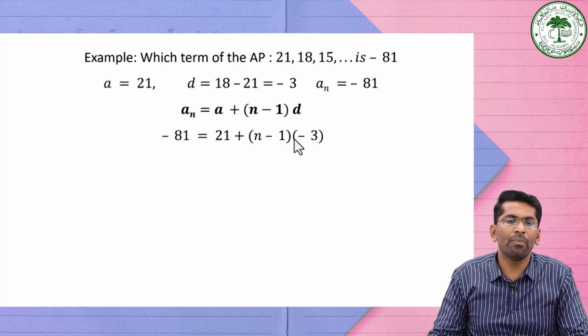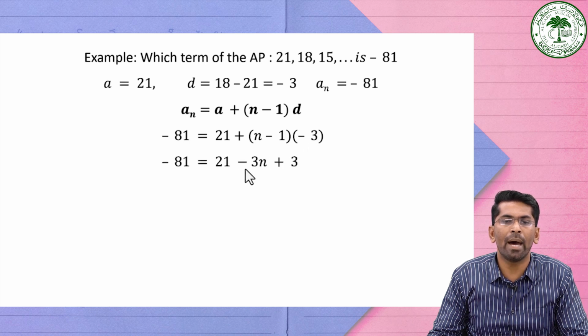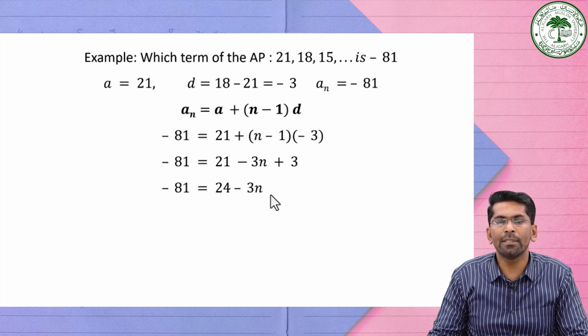If you simplify by multiplying these two terms, it will become minus 81 is equal to 21 minus 3n, then minus 1 into minus 3, which is equal to plus 3. Now we can simplify it: minus 81 is equal to 21 plus 3, which is 24, minus 3n.